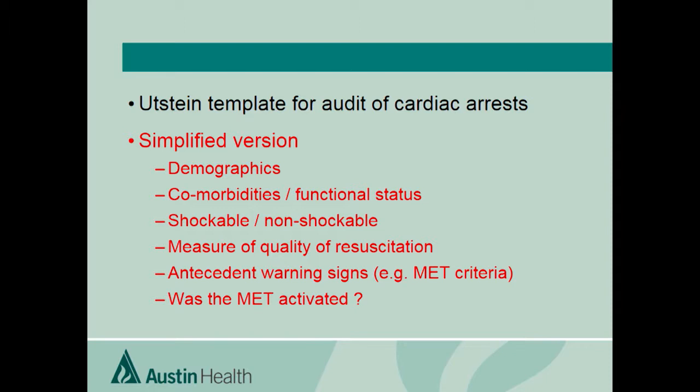From the perspective of what I think is important, I think you should look at the demographics and comorbidity and functional status of a patient, because if it's not so good, that poses the question, should the patient have even received cardiopulmonary resuscitation? What sort of rhythm it is? So last year in our hospital, we had, I think, 4 or 5 patients with shockable rhythms on the ward.